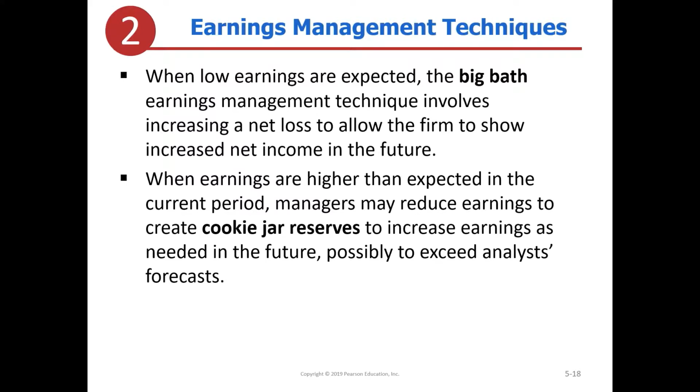When earnings are higher than expected in the current period, managers may elect to reduce earnings to create cookie jar reserves. Now, cookie jar reserves are used in future periods to increase earnings as needed, possibly to exceed analysts' forecasts.